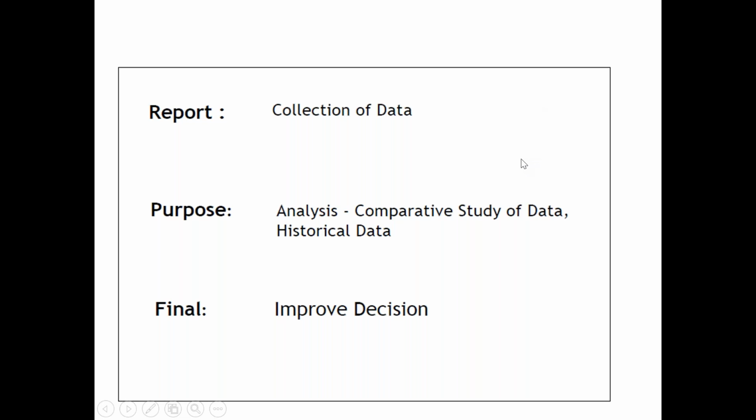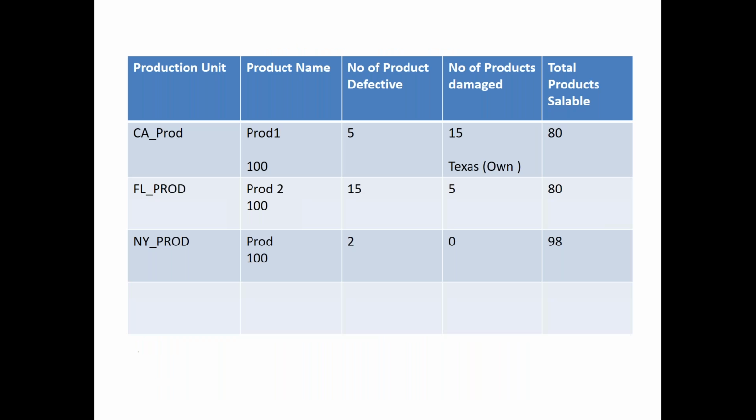That is the simple purpose of a report. Whatever dashboards or reports we develop using any tool, the purpose is that the user analyzes the data and finally takes a decision to improve the business. Okay, the purpose of the report is to take the right decision to improve the business.